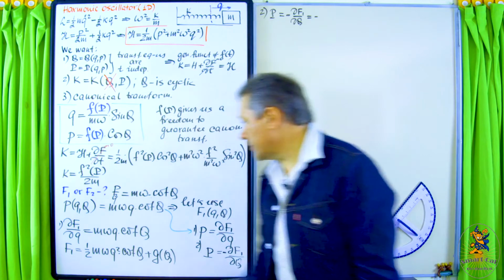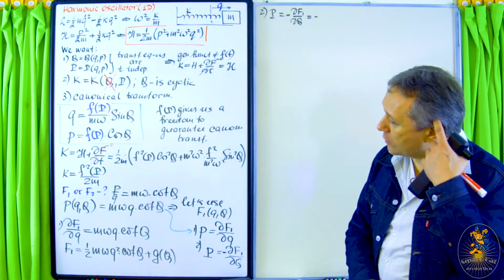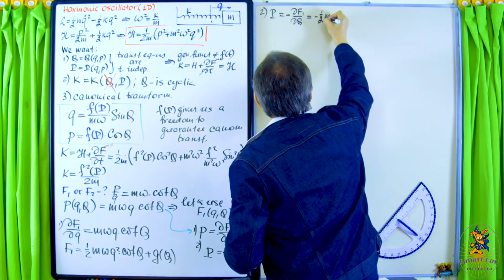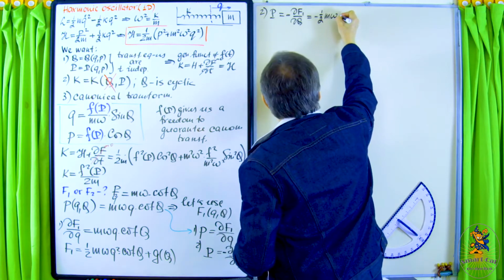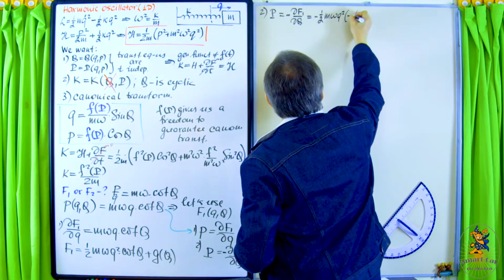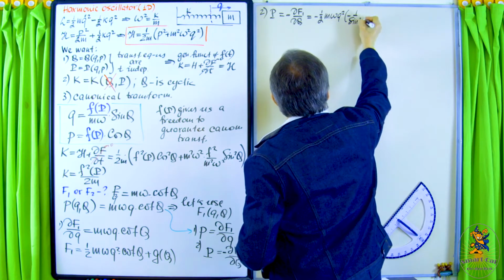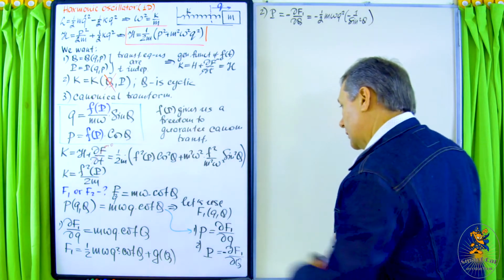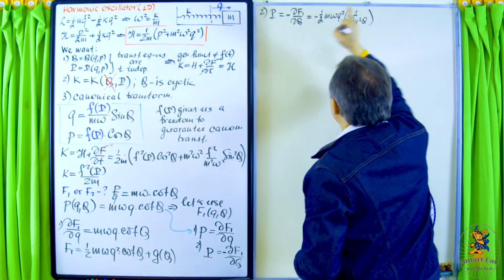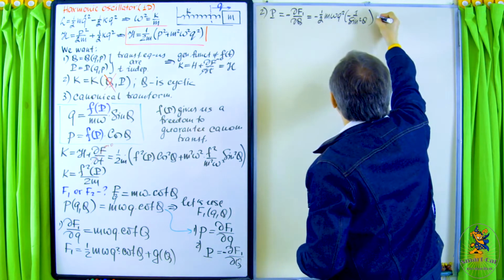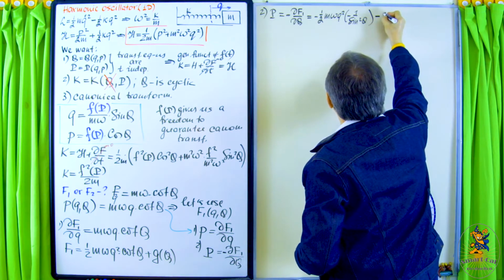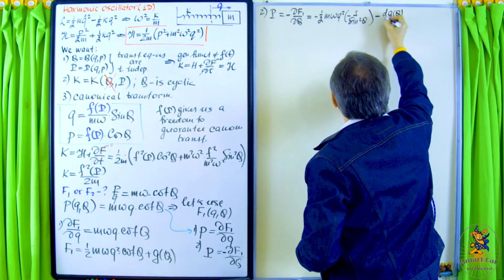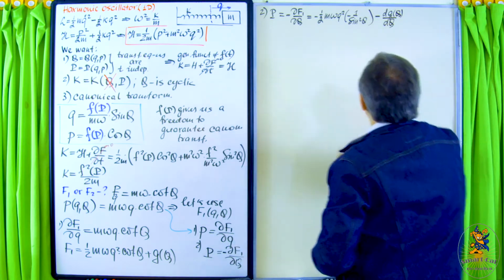Then when you differentiate cotangent, it will be minus 1 over sine squared. Let me write it down: 1 over 2 m omega q squared minus 1 over sine squared q capital. It's just 1, right? And the derivative of g, and the minus in front is going to give us minus over here. So it will be dg of q capital with respect to q capital.